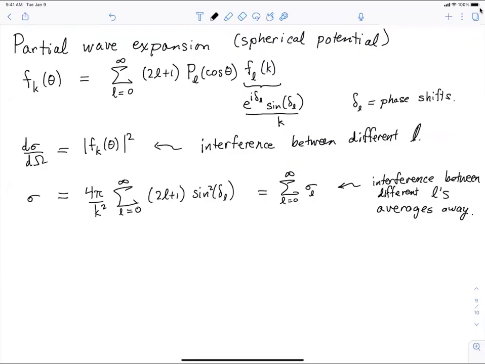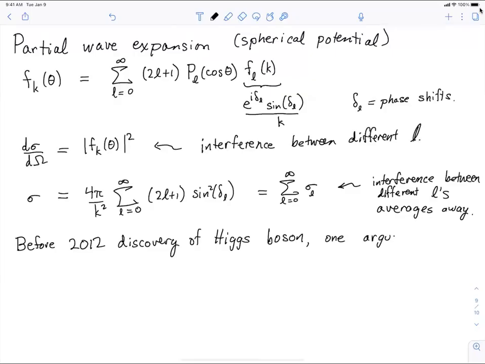So there's an interesting historical fact about partial wave unitarity. The Higgs boson was discovered in 2012, but before its discovery, one of the arguments that it had to be there, which was not a completely ironclad argument, but it was an argument, is that without it, partial wave unitarity appeared to fail.